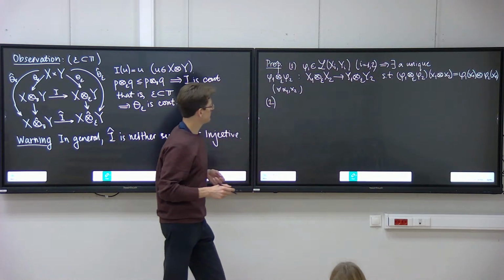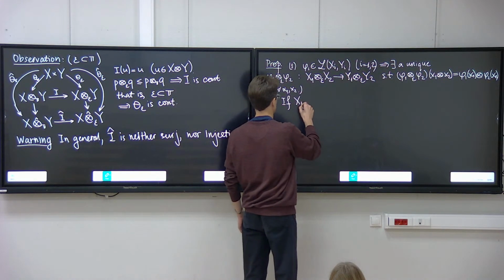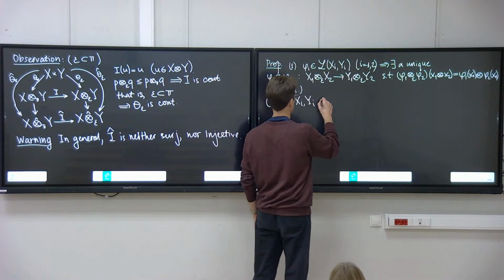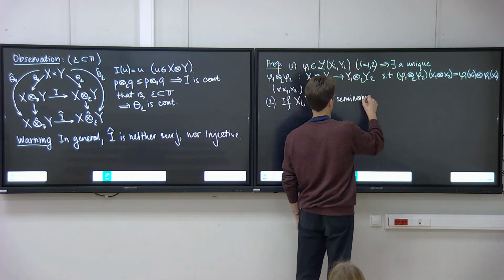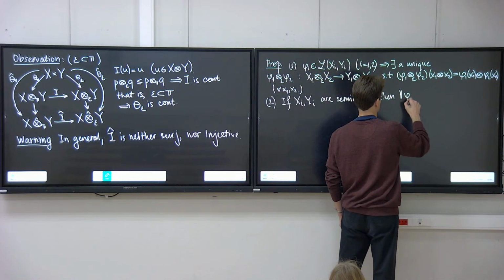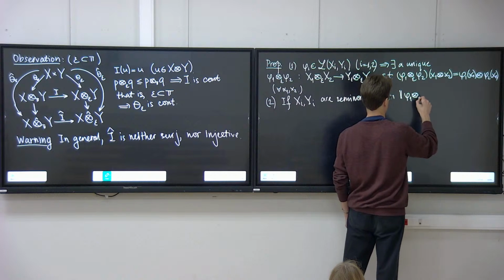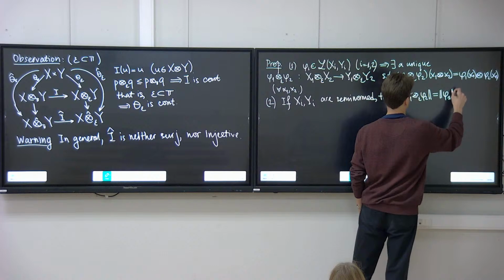Moreover, part 2, if x i and y i are semi-normed spaces, then the norm of this operator, the injective tensor product of phi 1 and phi 2, is equal to the product of the norms of phi 1 and phi 2.